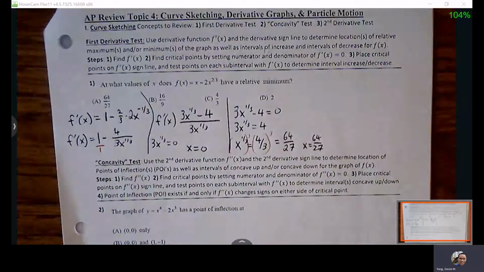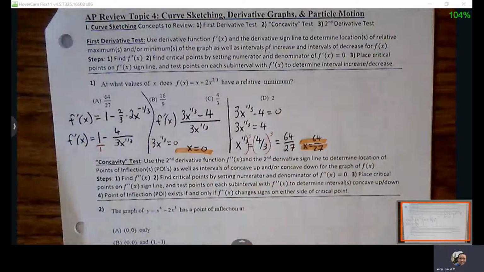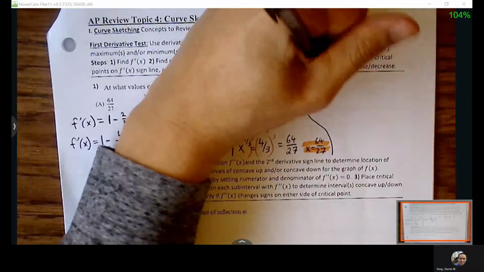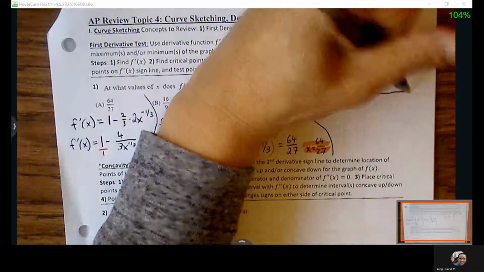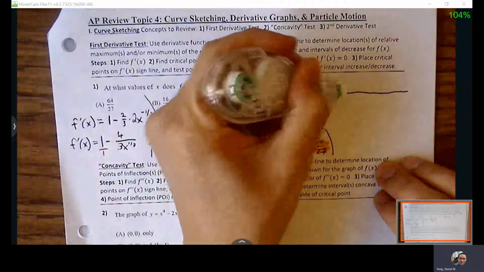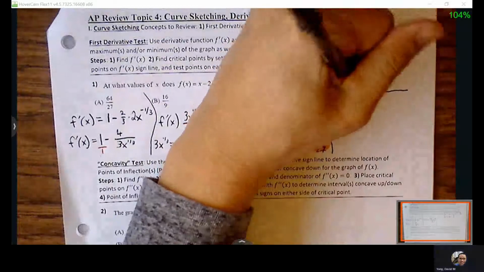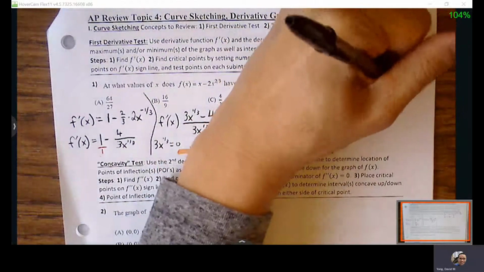All right, so we have our 2 critical points that we're going to place onto our sign line. Actually, there's no endpoint, right? We only have two critical points there, so 0 and 64/27.